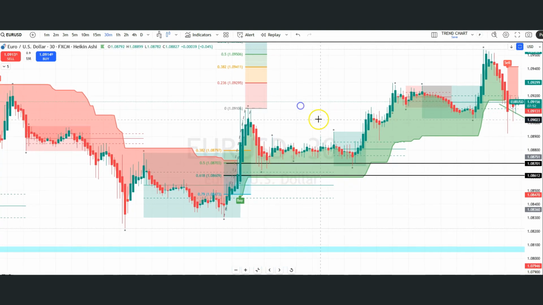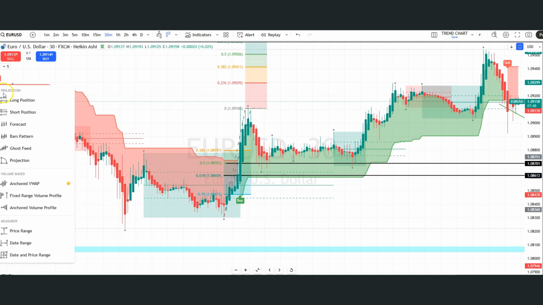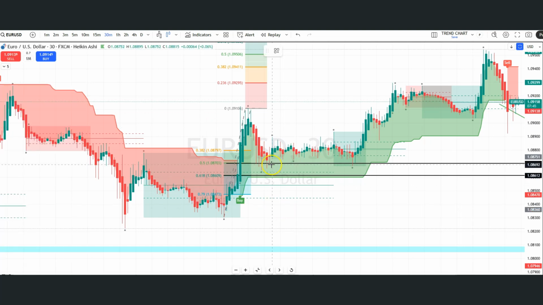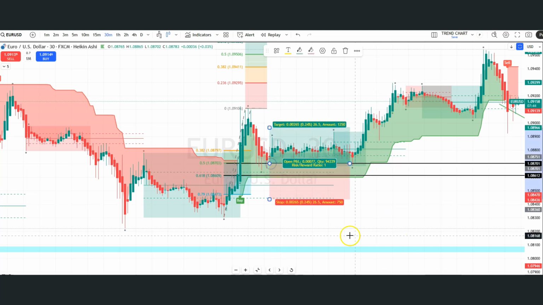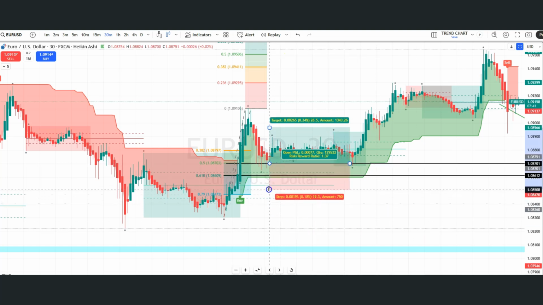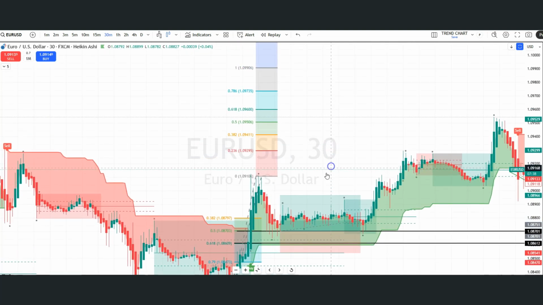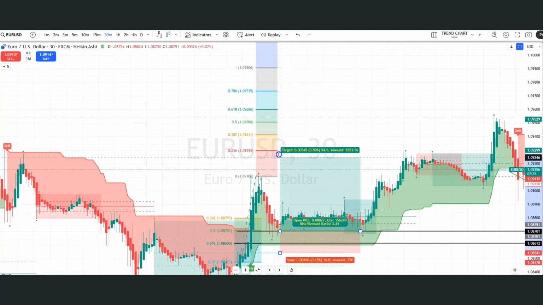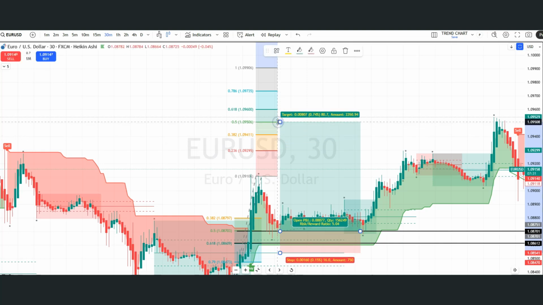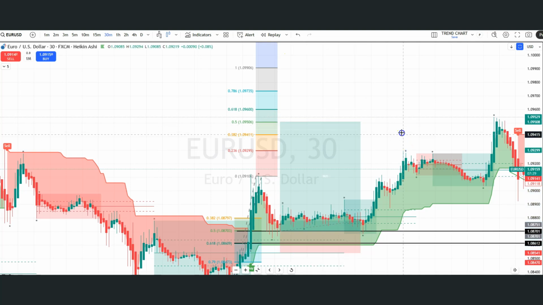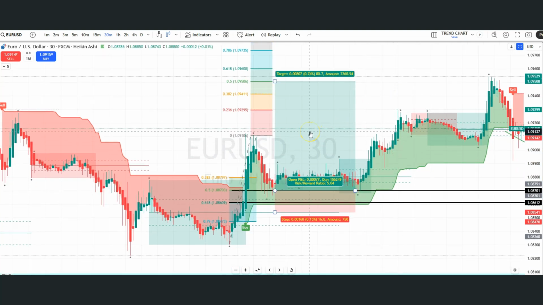Once you get the pullback down here, your entry point is the 50% retracement, and your stop is the support line there. Now your target is the 50% there, 109.50, and therefore your risk is 16 pips as opposed to an 80 pip target, so 5 times risk.